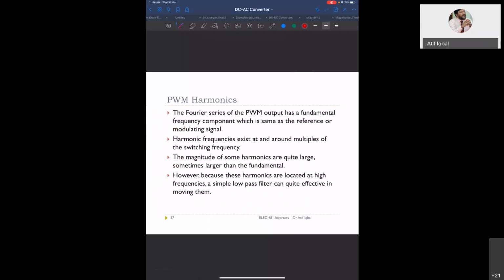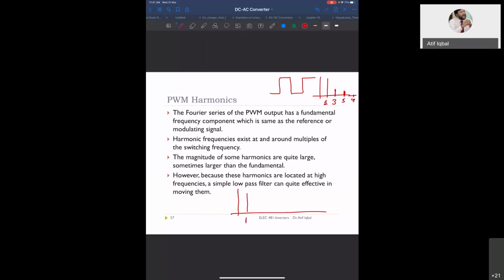Now we'll discuss the harmonics in the PWM. So how does the harmonic frequency look in the spectrum? If we have only a square wave output, the harmonic spectrum is like this: you have the fundamental, then the third harmonic, then the fifth harmonic, then the seventh harmonic, like this. But in the PWM case, it will not be like this. The lower order harmonics will be eliminated.